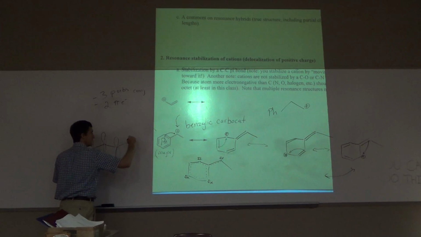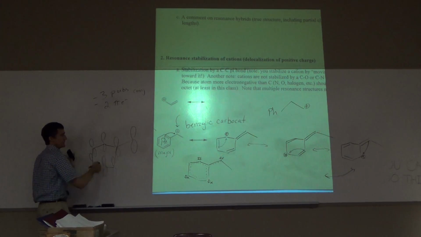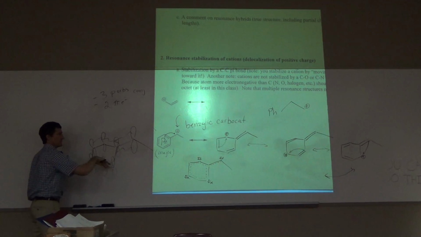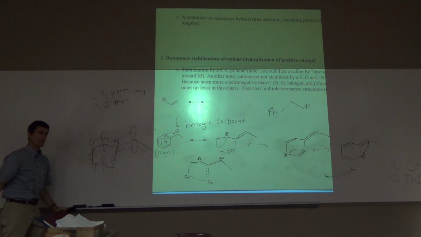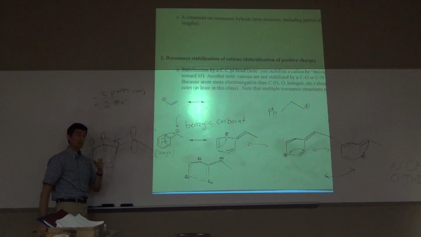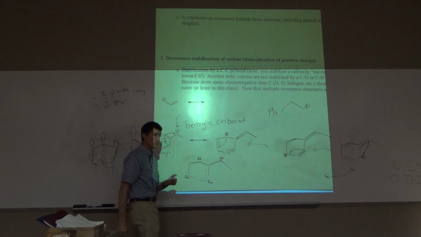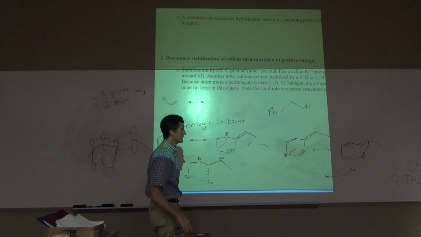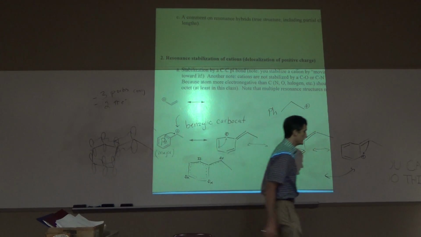Then we have over here, an empty one. You see, it's out there too. All this is interacting, but it gets to interact too. And it becomes one pi system. 7 p orbitals with 6 electrons. Because it's missing an electron, that's why it's a positive charge, but the charge is delocalized through all there. Okay.